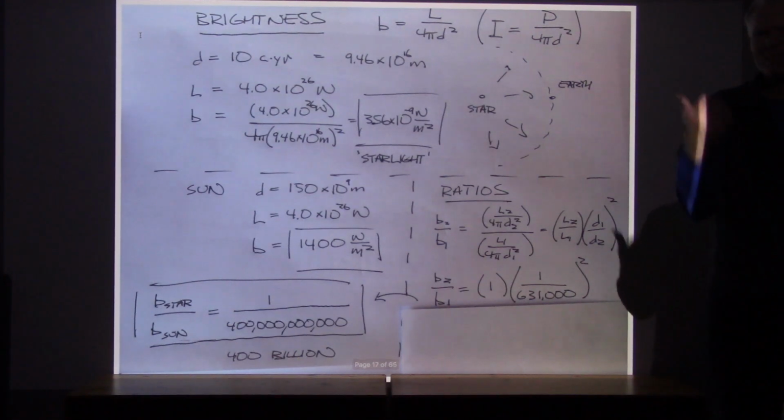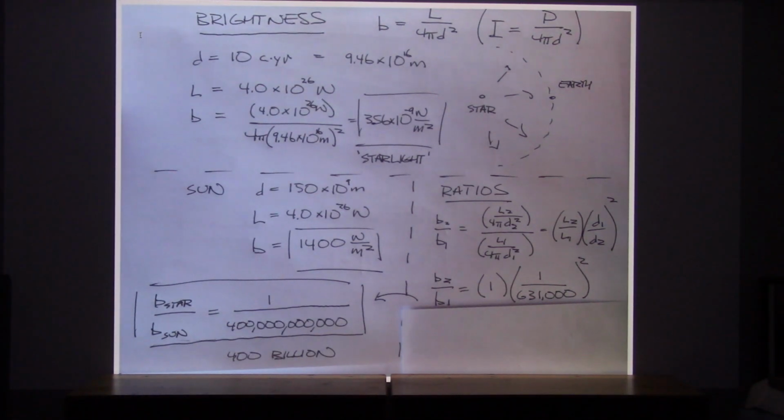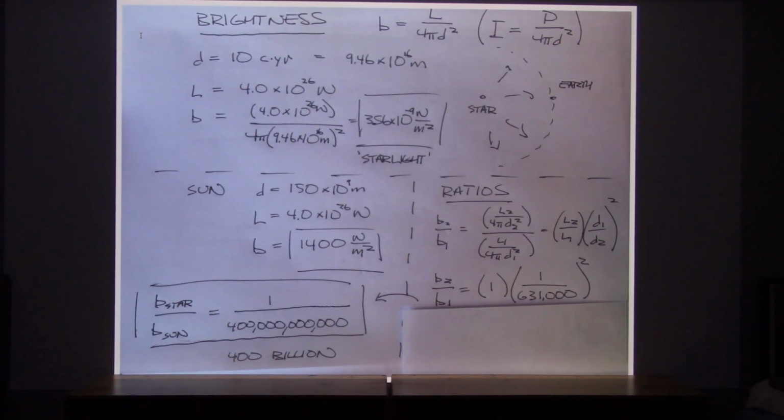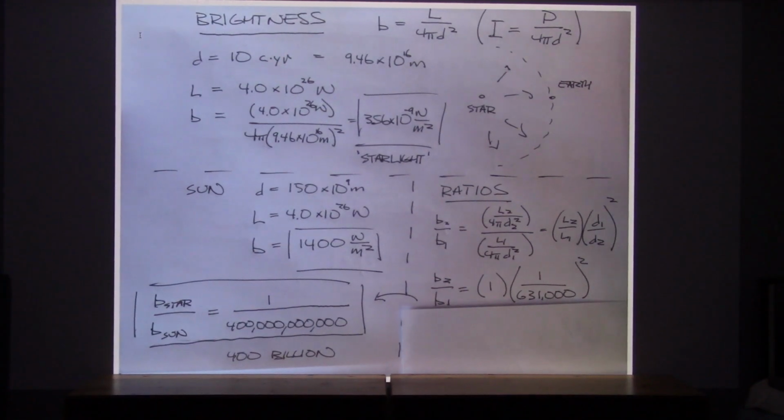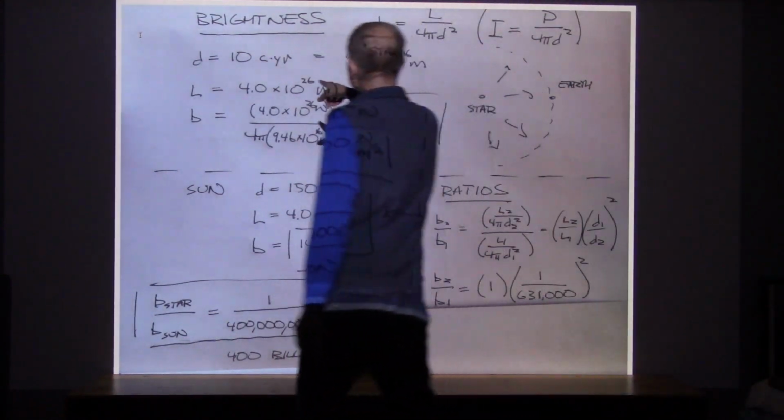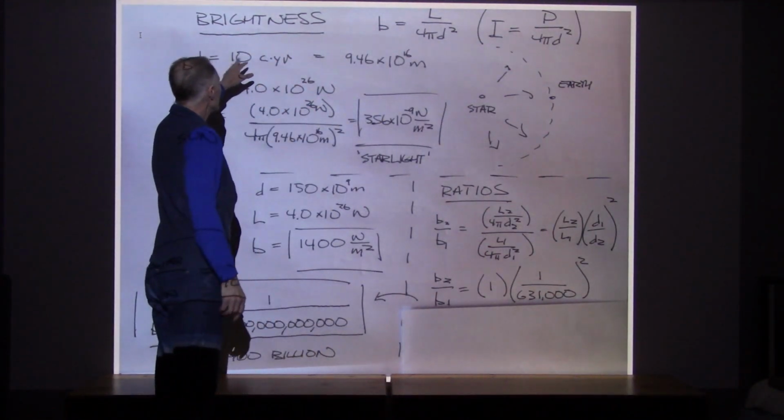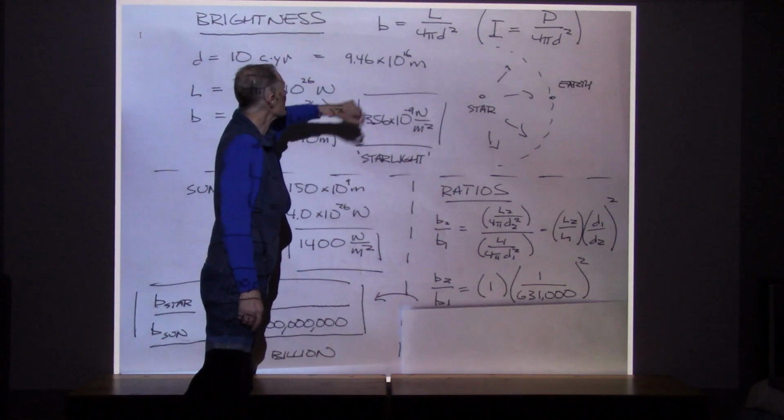So I set it up this way, taking a look, setting up some of these numbers. I did put some numbers in here. So I've got the 10 light years in here. At 10 light years, that's 9.46 times 10 to the 16 meters.